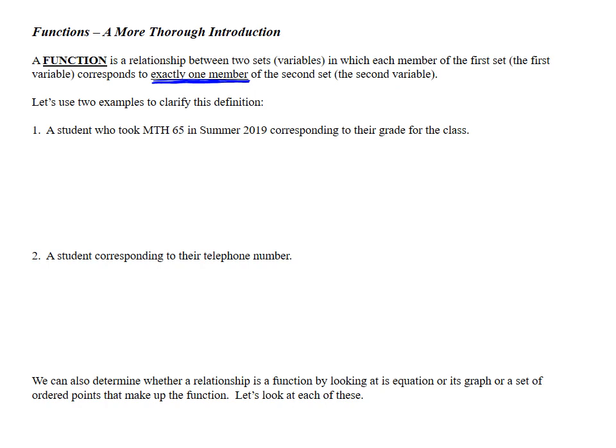Let's look at two examples involving things we all should be fairly familiar with. For instance, one situation where we have a student who took a Math 65 class in summer 2019 corresponding to their grade in the class. So the idea is we've got a set of students and they're going to correspond to their grades in the class.